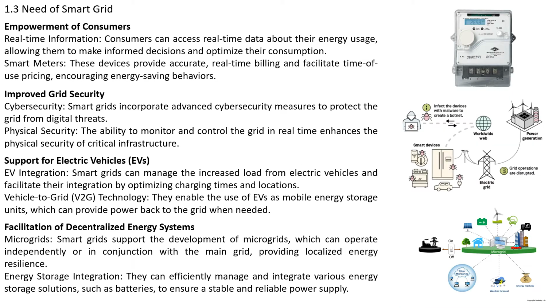The other need of smart grid is that we can empower the customers. Consumers can access real-time data about their energy usage, allowing them to make informed decisions and optimize their consumption. They can even limit the usage of their energy, if they want to use up to 100 units or 200 units.